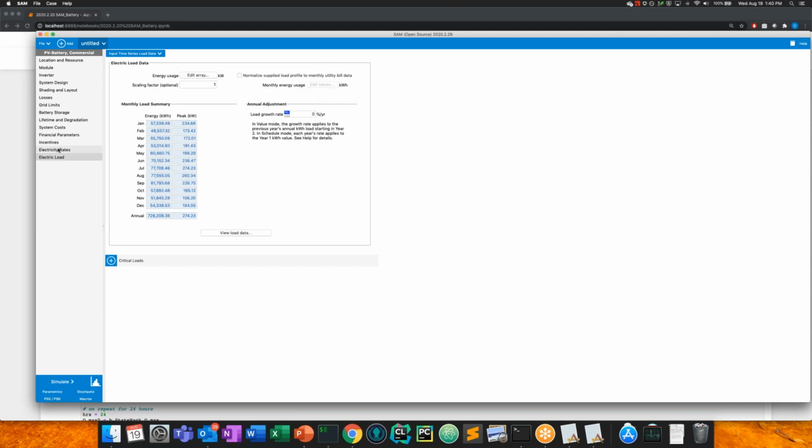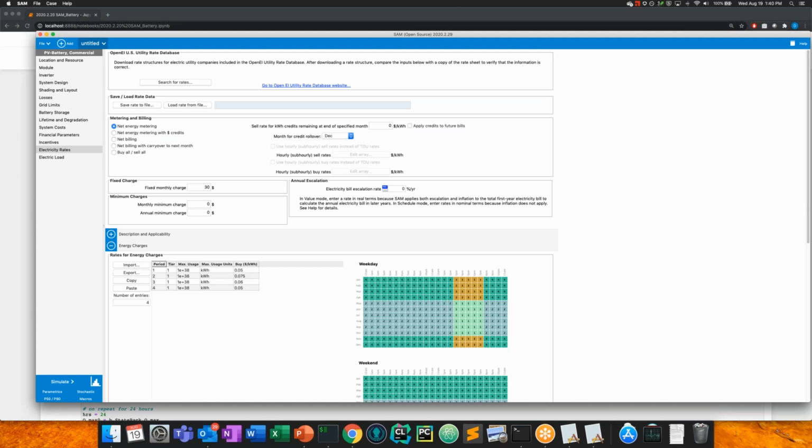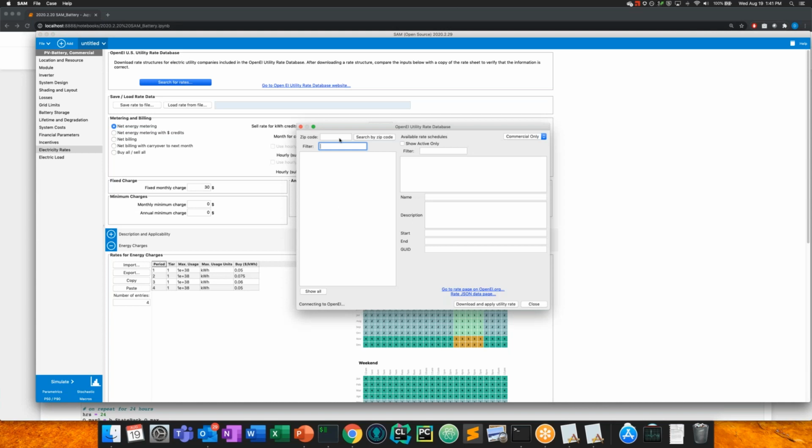Finally, the electricity rate is also important, since REopt will be optimizing for the system's NPV and trying to shift the energy charges and minimize the demand charges. And so we can use this OpenEI US utility rate database download to search for rates.